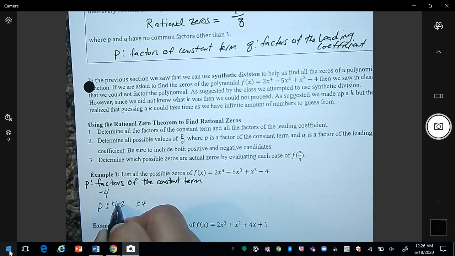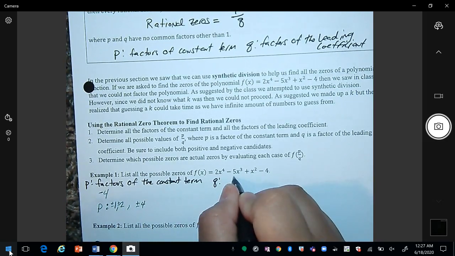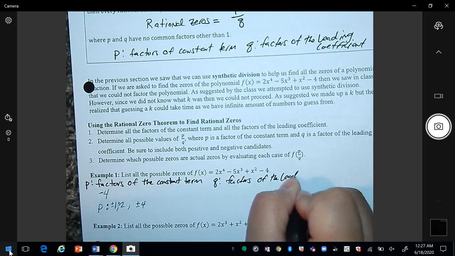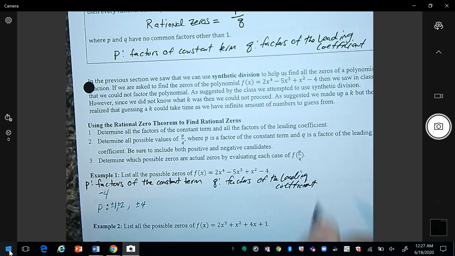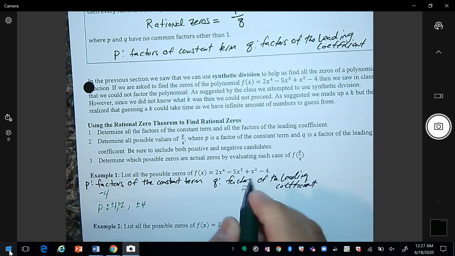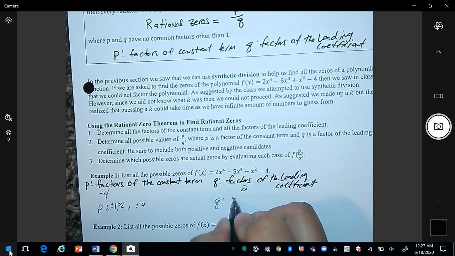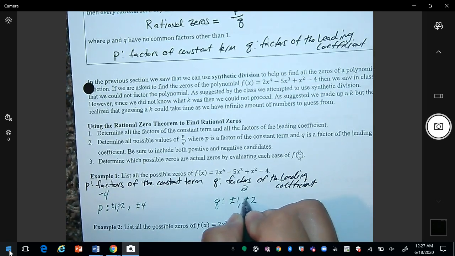And then we have plus or minus 2, because 2 times 2 is 4. We don't need to write the 2 twice. Then we're going to look at the factors of the leading coefficient. My leading coefficient here is 2. We're going to call this q, and the factors are plus or minus 1 and plus or minus 2.